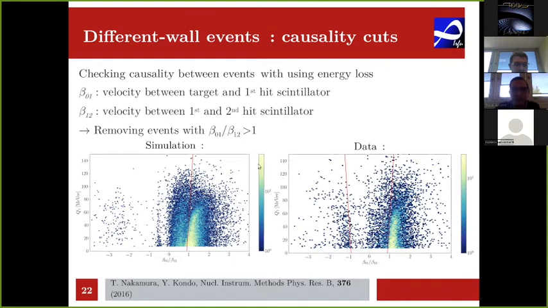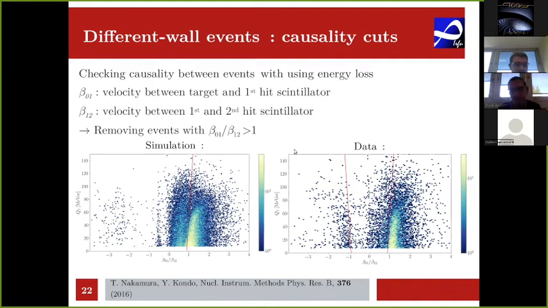And this cut would yield a straight line in this plot, but here it's slightly tilted to take into account that high energy neutrons will lose more energy in their first hit than low energy neutrons. And so everything that is on the left-hand side of this line, we remove.